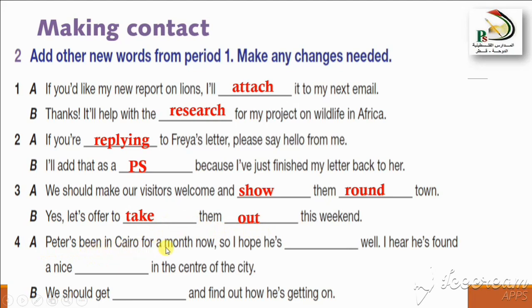Peter has been in Cairo for a month now, so I hope he is settling in well. I hear he has found a nice apartment in the center of the city. We should get in contact and find out how he is getting on. We should get in contact.